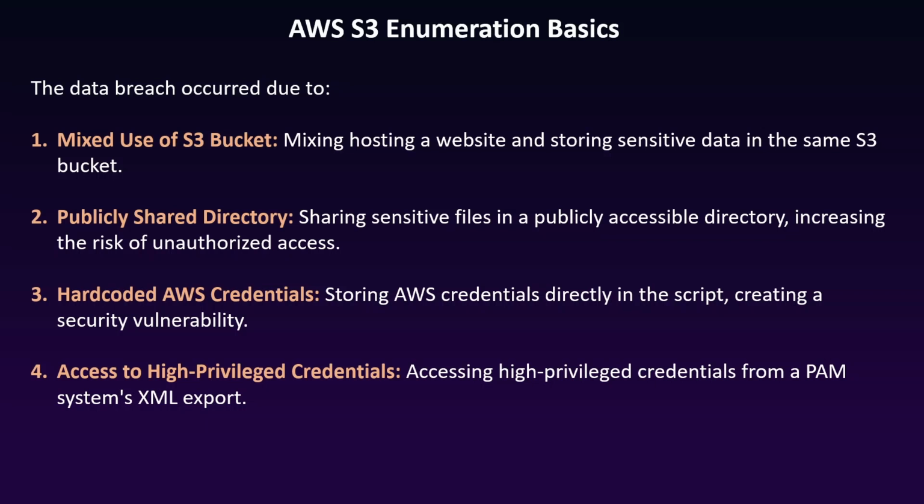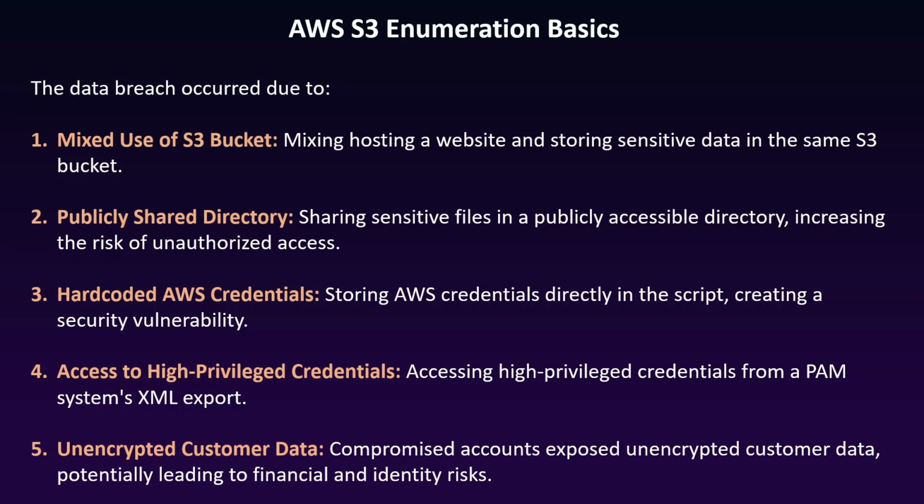Okay. And the last point that we have learned is unencrypted customer data. The compromised account also had access to the unencrypted customer data, right? We have seen the credit cards and names, first name, last name, and the password and username, everything. So it is potentially exposing confidential information, right?